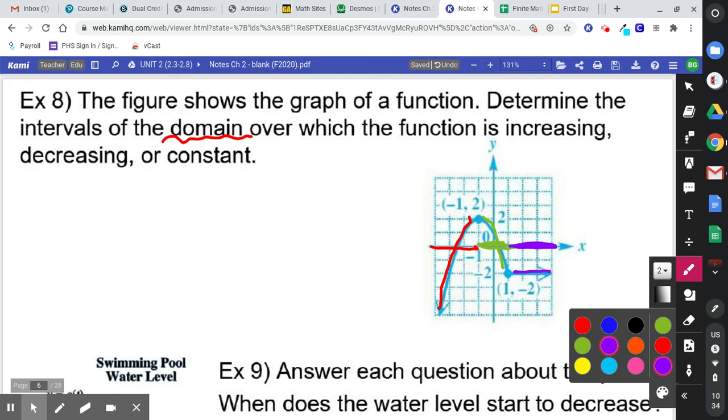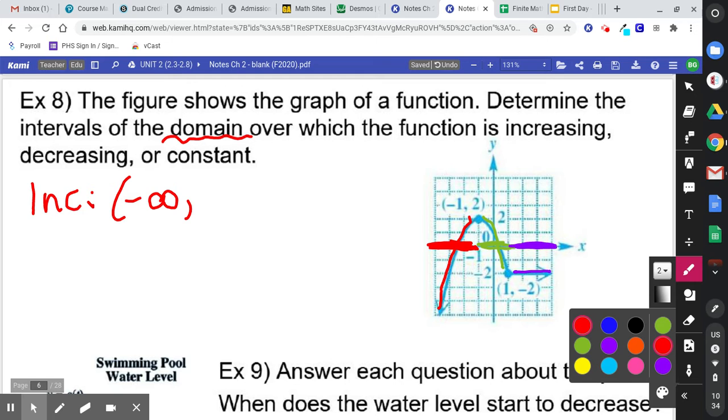The red part is the increasing part. So just look at the x. Look at the x for the increasing part. If you look right here, that is the interval from negative infinity to, think about your x number. Don't look at the y number. A lot of people look at the y number. I want to look at the x number because we're talking about domain.